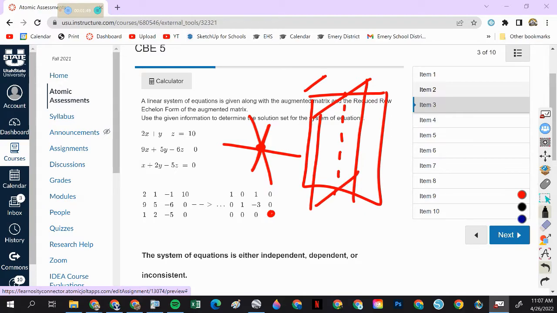Those 3 planes intersect along a line. So there are an infinite number of solutions. Any solution in this center column or along this line is going to be a solution.